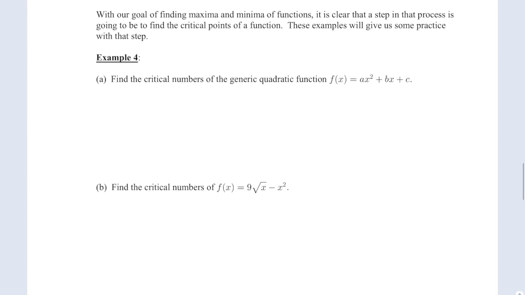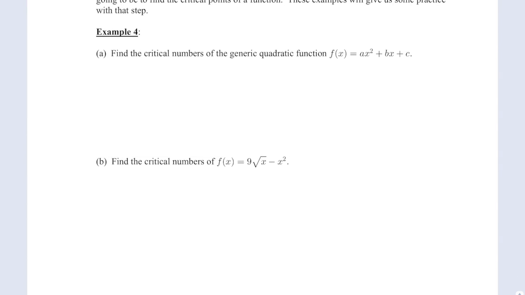So in example 4, we just have a few functions, and we're going to be searching for the critical numbers, which again are the places where f prime of c equals 0 or f prime of c is undefined. The first one is just the generic quadratic function ax squared plus bx plus c.